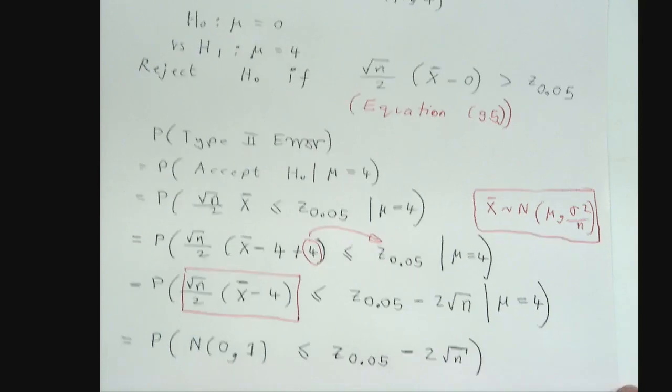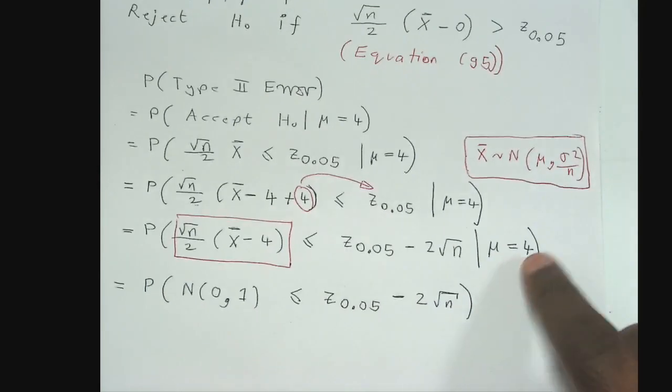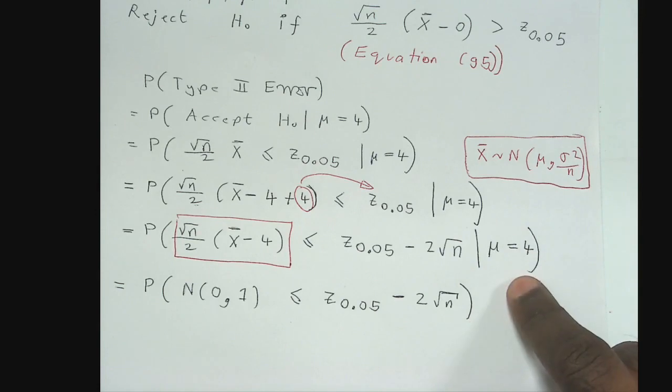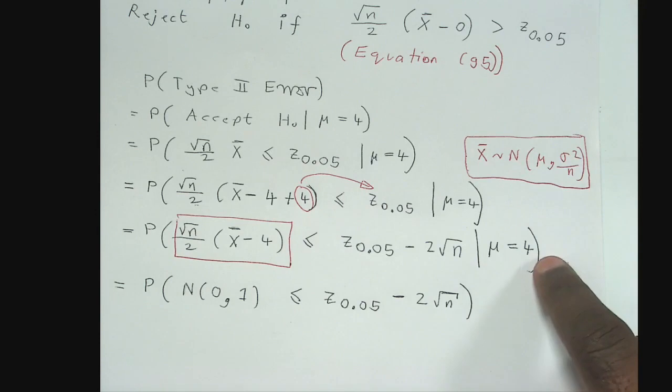Now you see that from this step to this step I have dropped the conditioning, because the conditioning has been used to argue that this has a standard normal, and therefore we don't need that anymore.